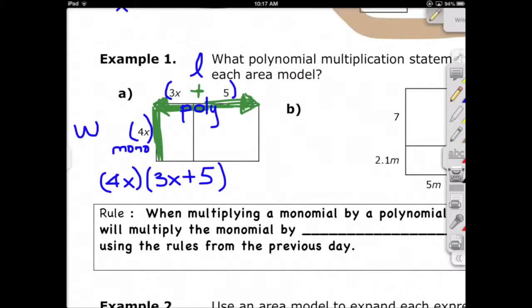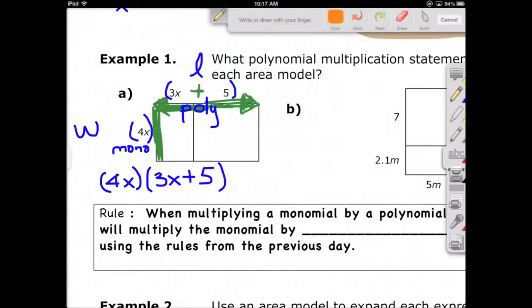The distributive rule states that the first term has to be distributed or multiplied by each of the second terms. So that's why I'm drawing these little jump arrows, to make that really obvious.